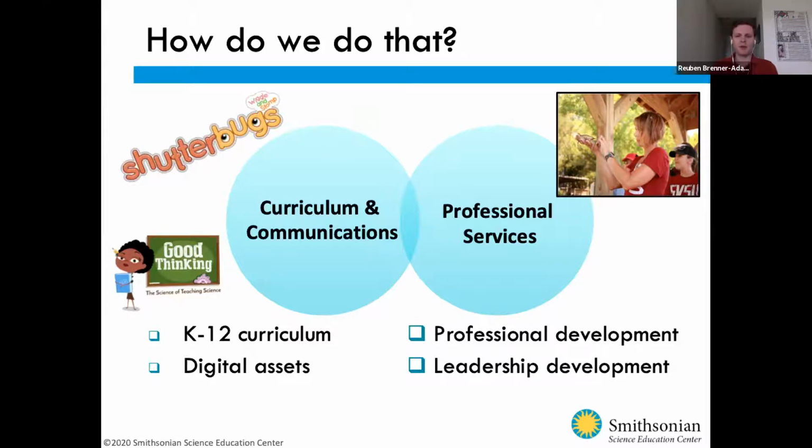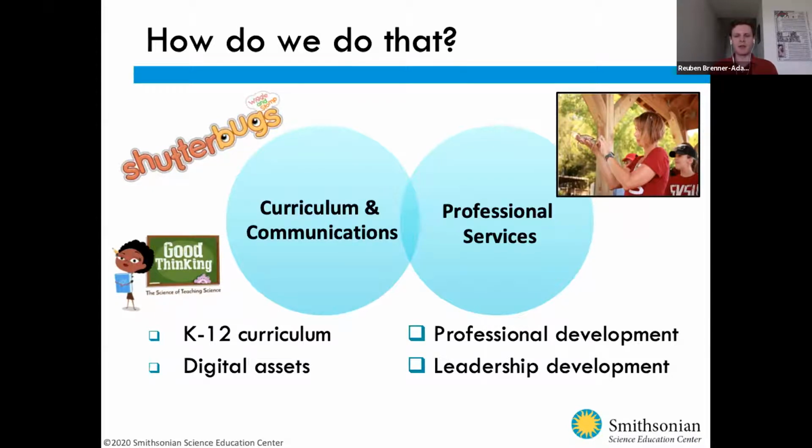But the part that I'm really going to focus on is curriculum and communication. That's the division that I'm a part of as an interactive developer. Curriculum and communications is focused on 2 things. One is developing primarily K-12 curriculum that can be used in schools across the country and around the world.